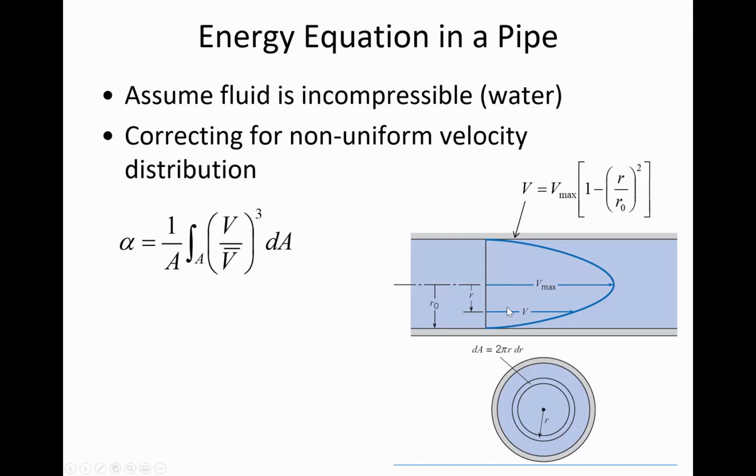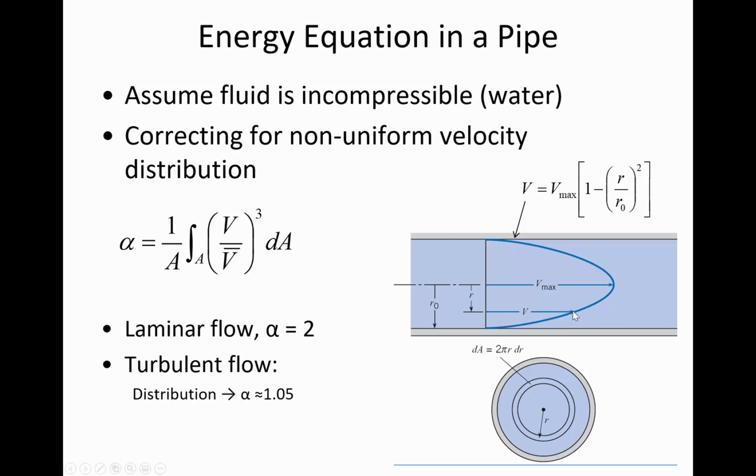And because velocity is squared when you calculate the velocity head, the fact that some of the flow is going so much faster than the average just means that if you're using the average, you're undercounting how much energy is truly there as kinetic energy.